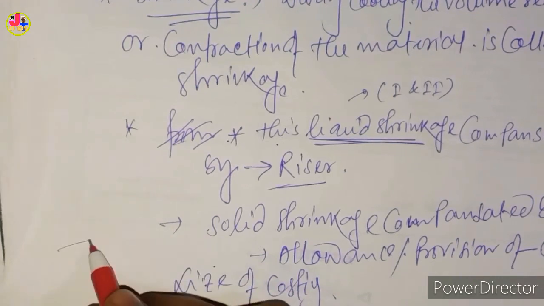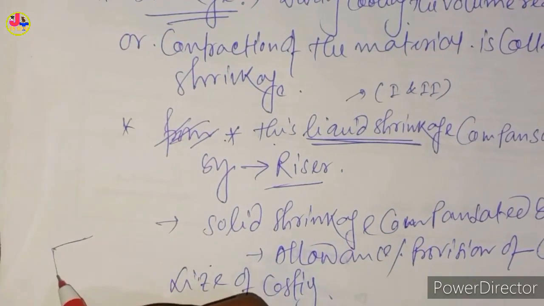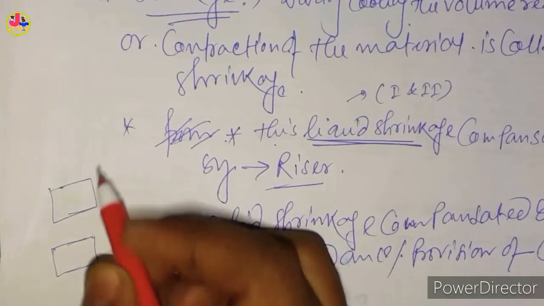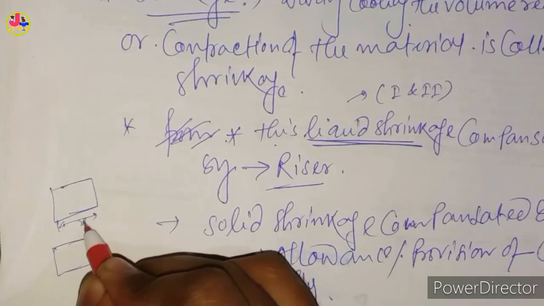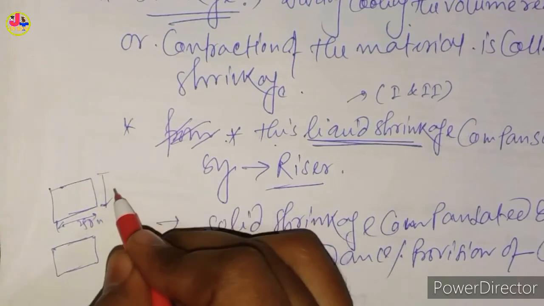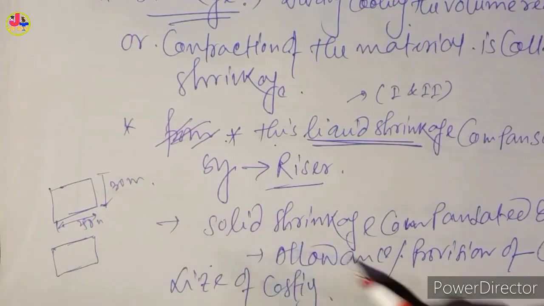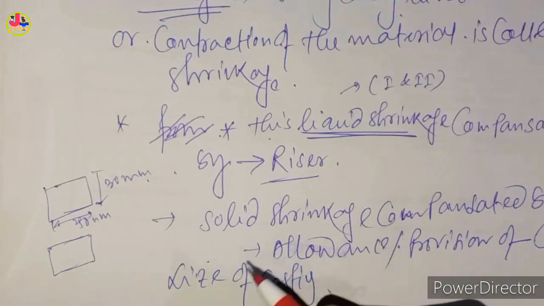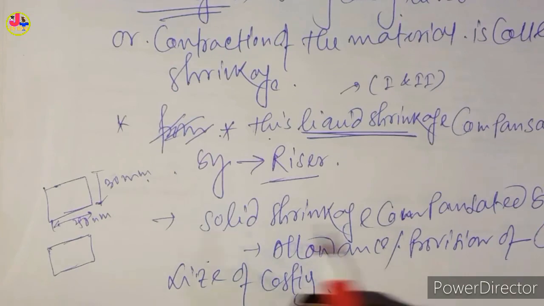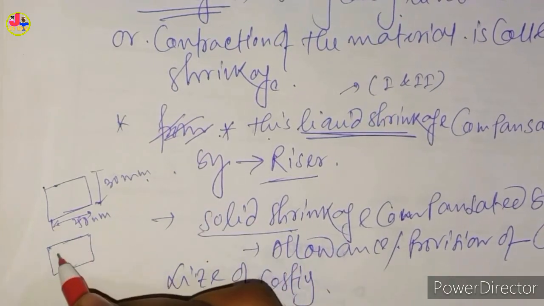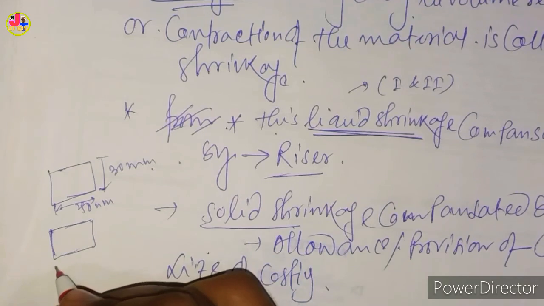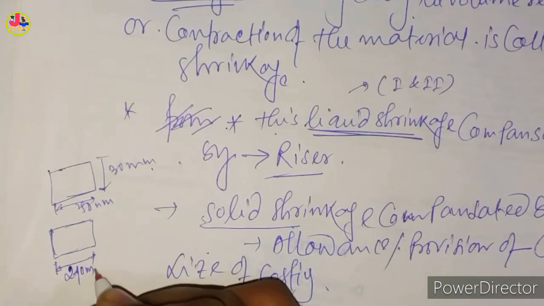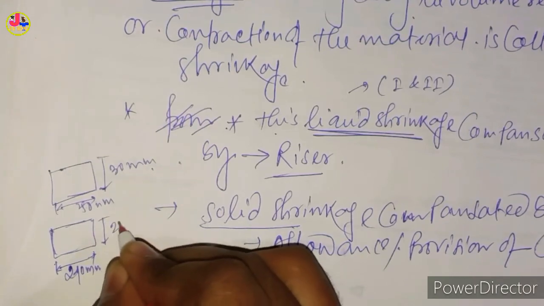We think that after solidification we get a casting like this. Maybe our desired length is 250 mm and width 30 mm. But after solidification, there may be solid shrinkage, so maybe we get 240 mm and here 20 mm.